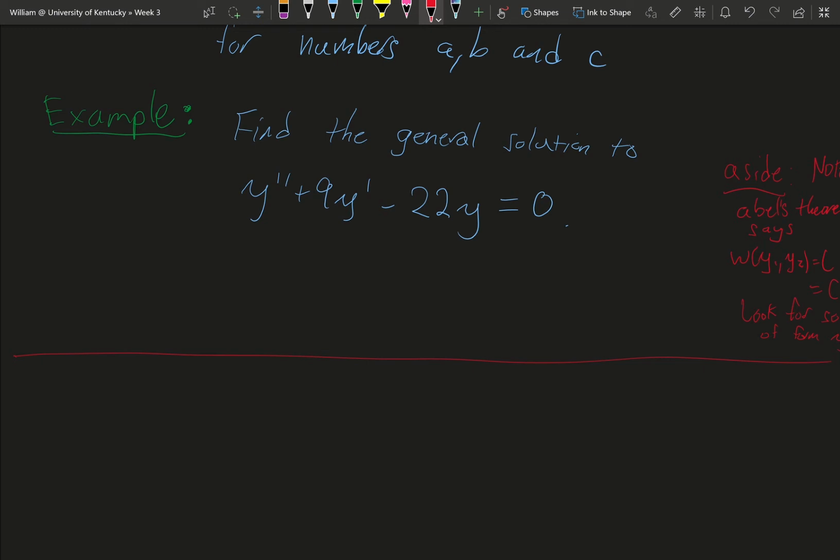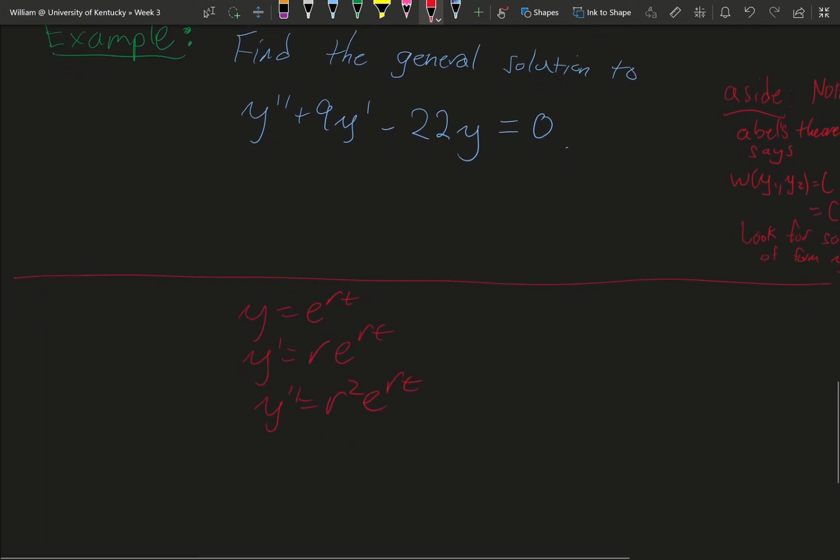Okay, so y equals e to the rt. So y prime equals r e to the rt, and y double prime equals r squared e to the rt. Now we can plug this all in.